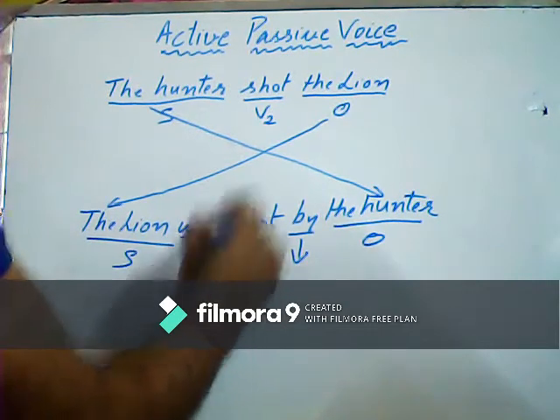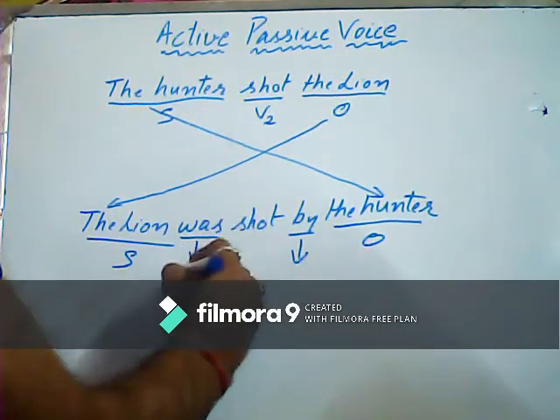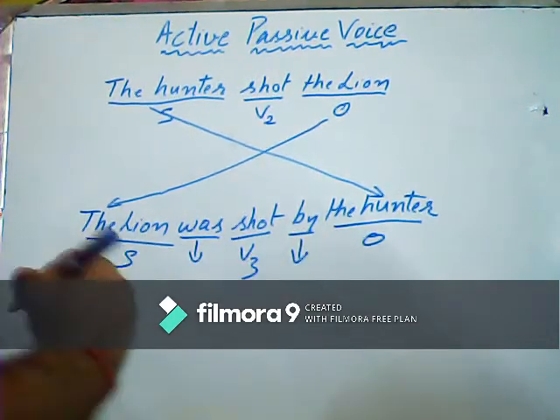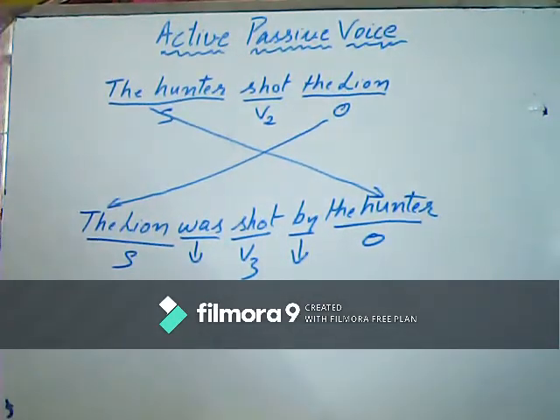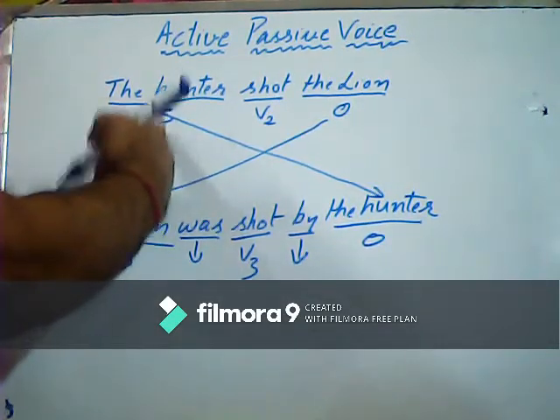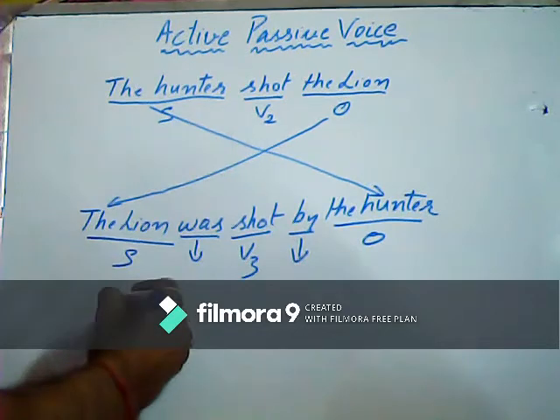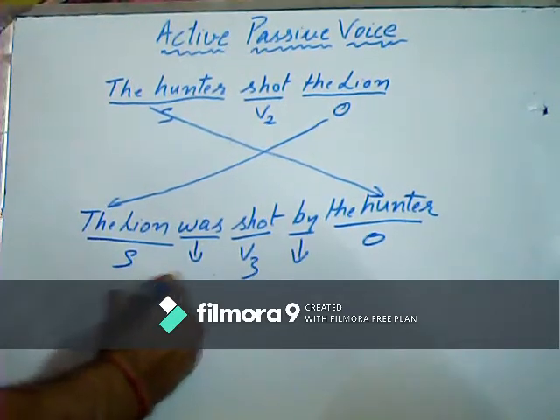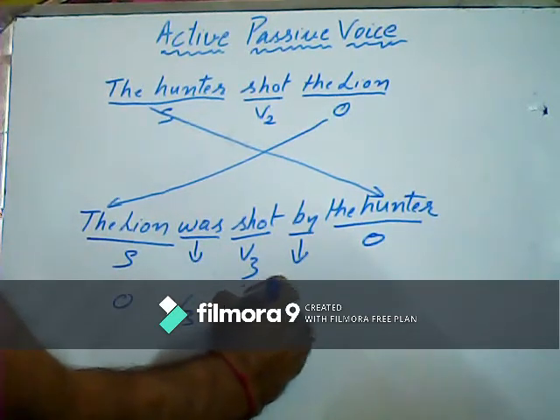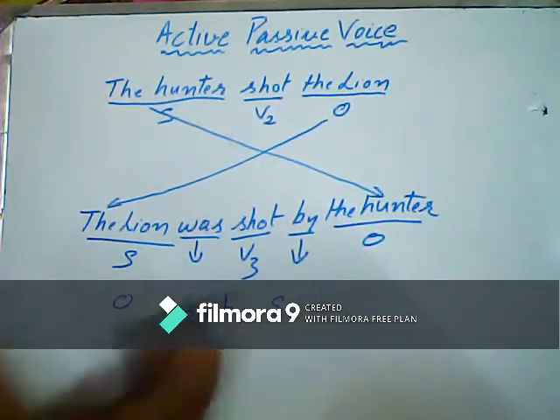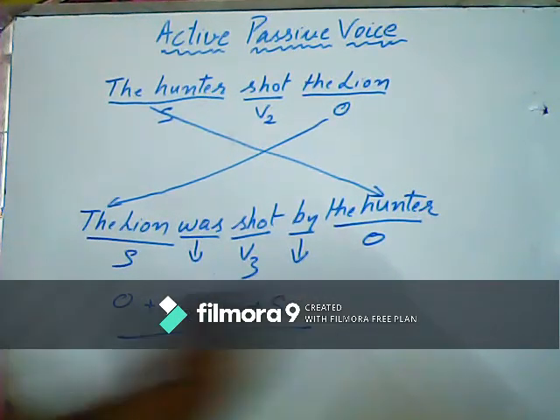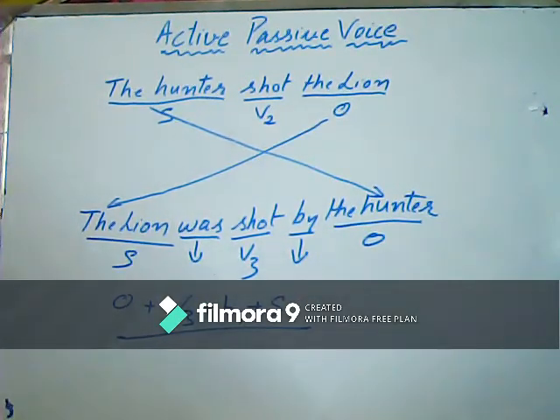We use the past form of the helping verb, and shot, that is V3, the third form of the verb. So what is the sequence now? First the sequence was subject, verb and object. Now the sequence is object, helping verb, third form of the verb, then by, then subject. This becomes the sequence of the sentence when we change into passive voice.